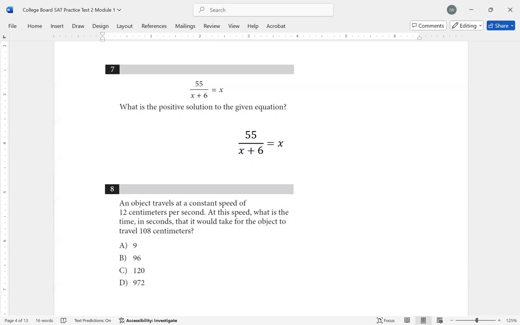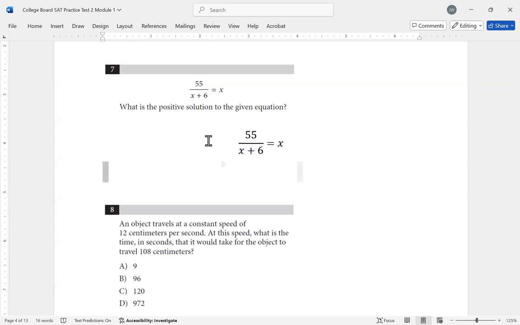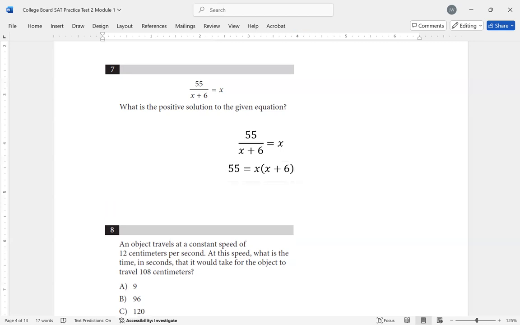Basically, what we would do to solve this using algebra is we'd multiply both sides by x plus 6. If I multiply the left-hand side by x plus 6, then the denominator goes away. If I multiply the right-hand side by x plus 6, I get x times the quantity x plus 6, which is 55 is equal to x squared plus 6x.